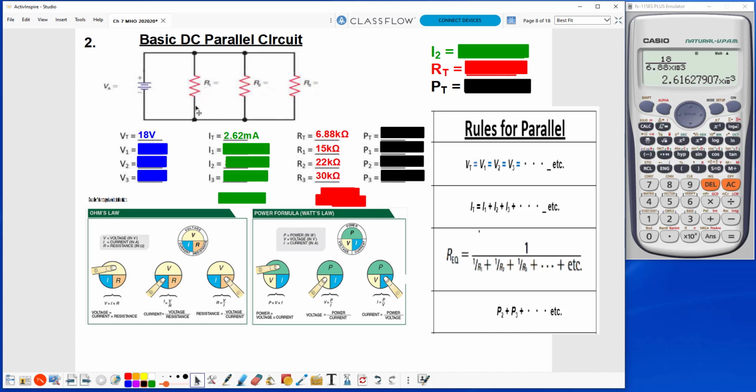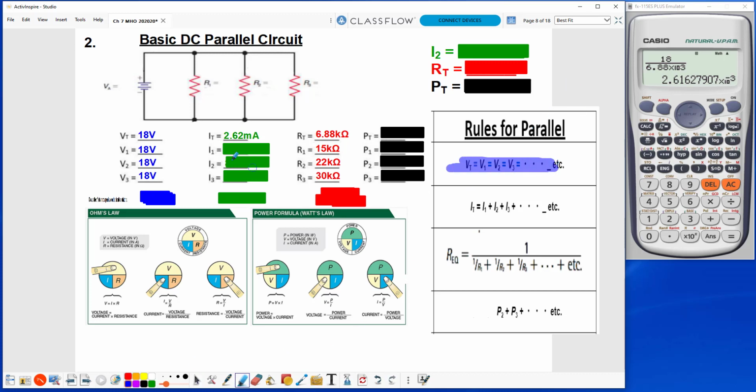Now each one of our currents is going to be different in a parallel circuit. So what can I do next? Well, if you know your series parallel rules, you know that you can go ahead and write 18 down in every voltage blank, because voltage stays the same in a parallel circuit.